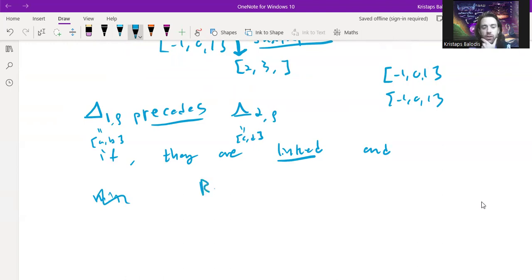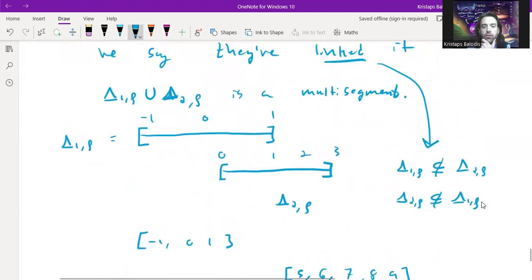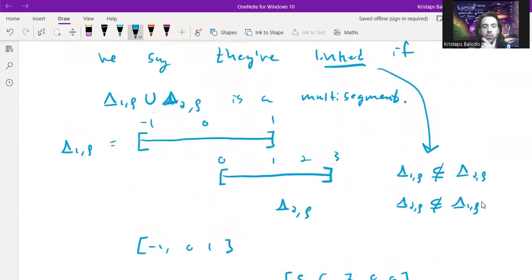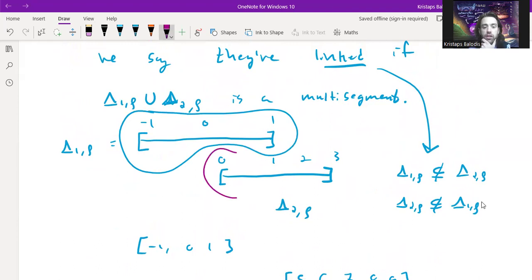So I'll say it this way: if the real part of A is less than, well, it certainly can't be equal to C in this case, but we'll say less than or equal to C. Of course that's an example. If I were to scroll up, we would say that this segment here precedes this segment.